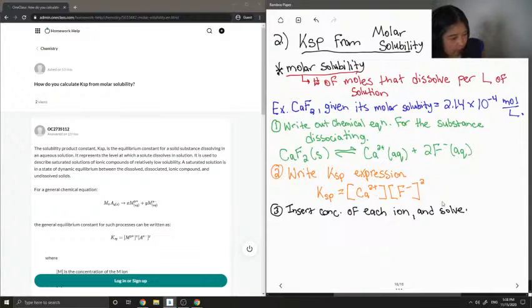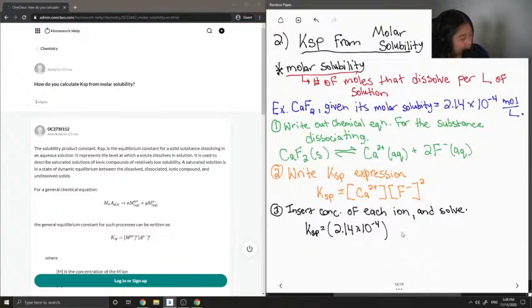Since there's a 1-to-1 molar ratio for calcium fluoride and the calcium ion, we know that they will have the same concentration, which is 2.14 times 10 to the negative 4.